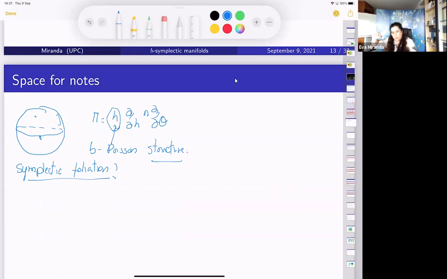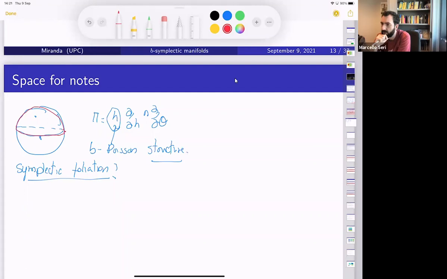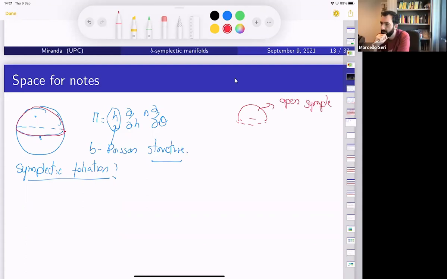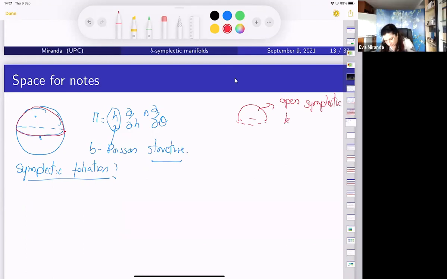So this whole northern hemisphere, without the equator, is going to be an open symplectic manifold. You agree with me, no? Yes. So this is an open symplectic leaf. We did half of the sphere, okay?